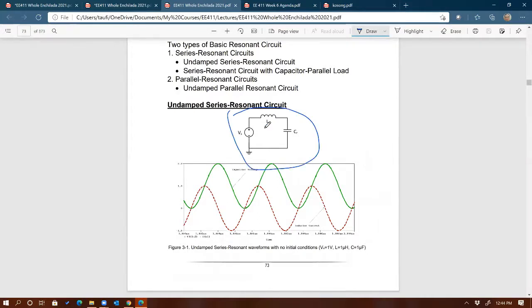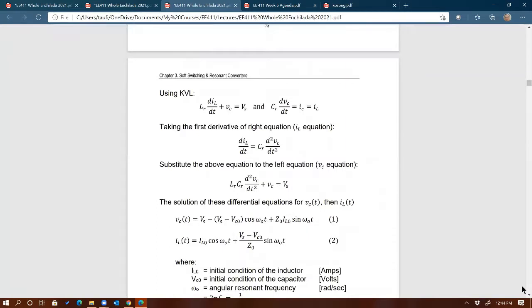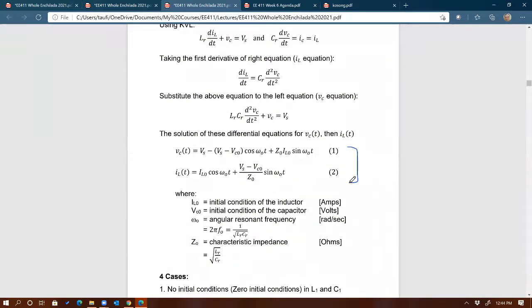You agree? So if you change Vs, then you're going to change these peak values. So what is the equation? Right there. So if you change Vs, then you can change the peak value of Vc, and you'll change the peak value of IL. See, IL is a function of Vs right there. Does that answer your question?